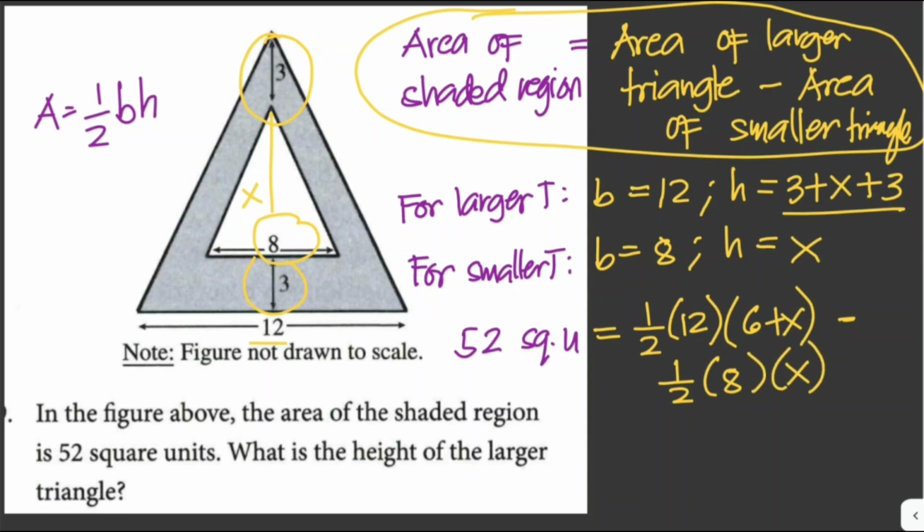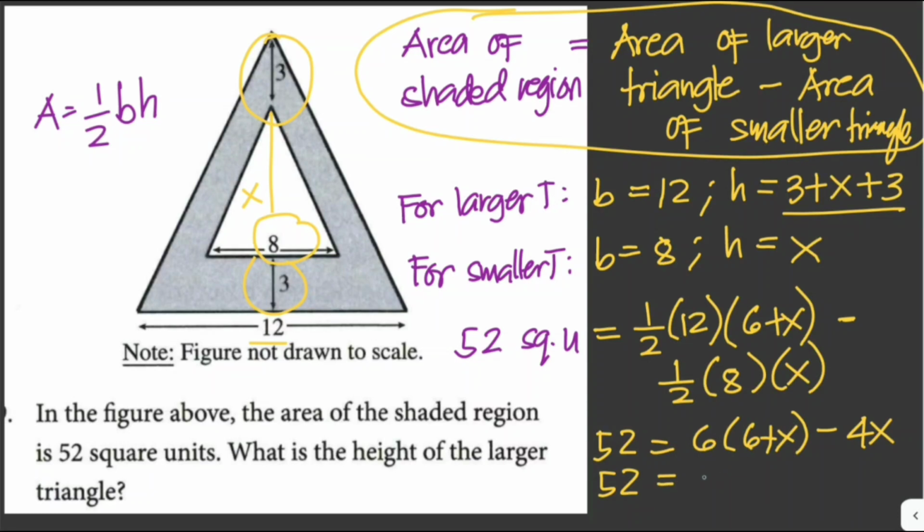Now let's simplify. So 52 equals 1/2 times 12 is 6, so 6 times 6 plus x. 1/2 times 8 is 4, so this is just 4x.